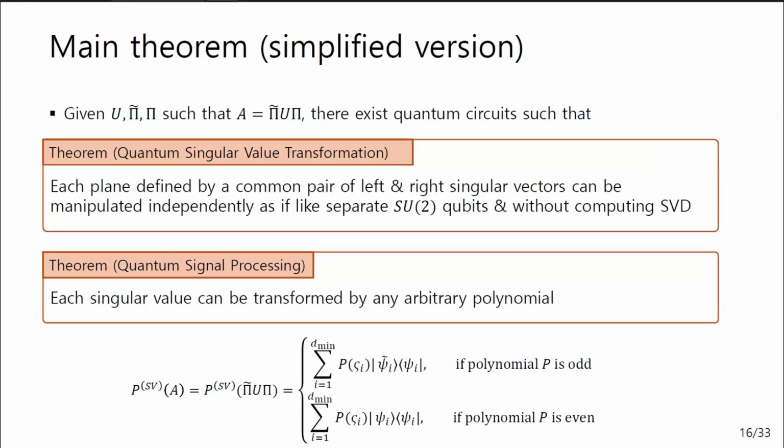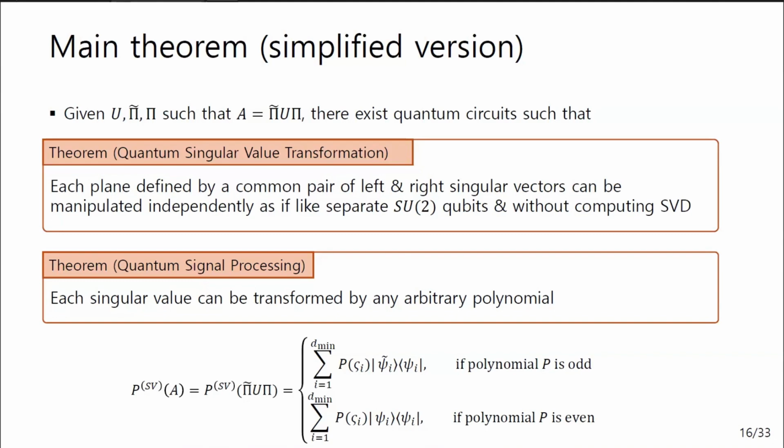And these are our main theorems. Let's assume that there are given U, pi tilde, pi, such that A is equal to pi tilde U pi. The first box, theorem QSVT, says that each plane defined by a common pair of left and right singular vectors can be manipulated independently, as if they were separate SU(2) qubits, and without computing the SVD.